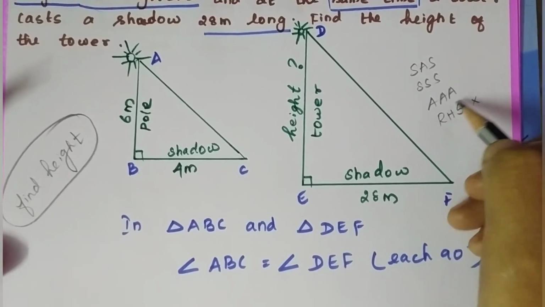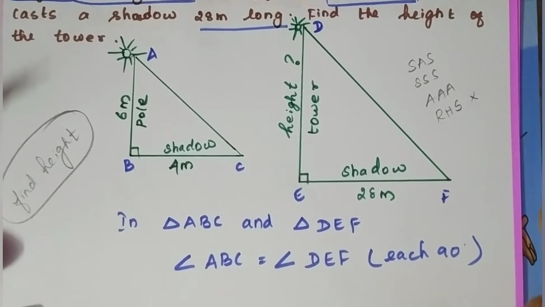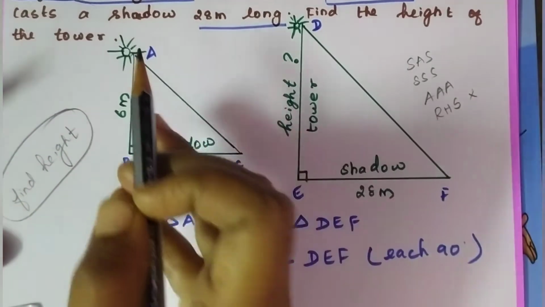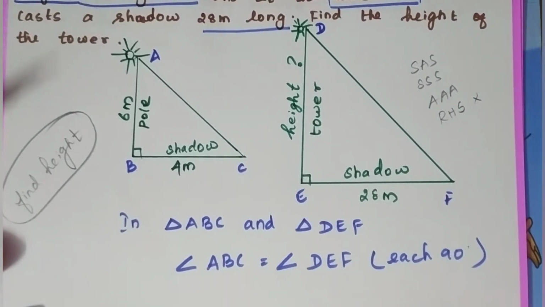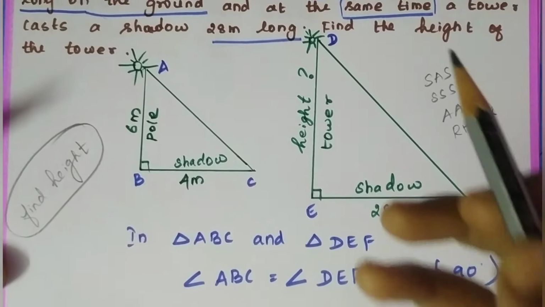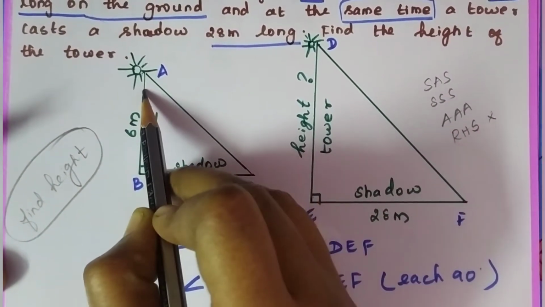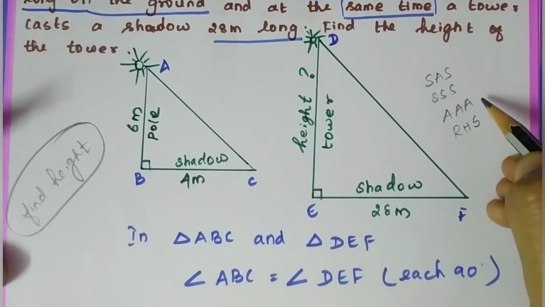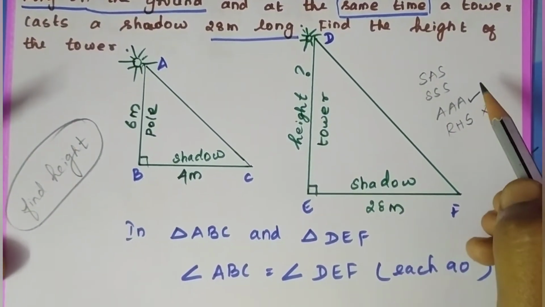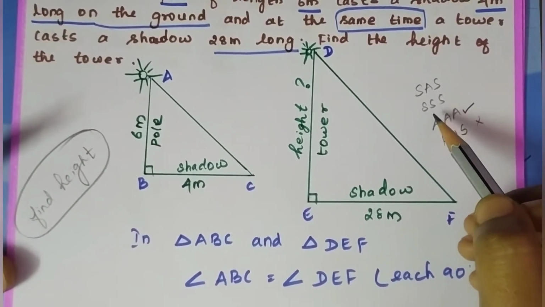And three angles: we know one angle is equal, but we don't know about the other two angles. But if we prove that this angle and this angle are equal, then we can use this criterion.